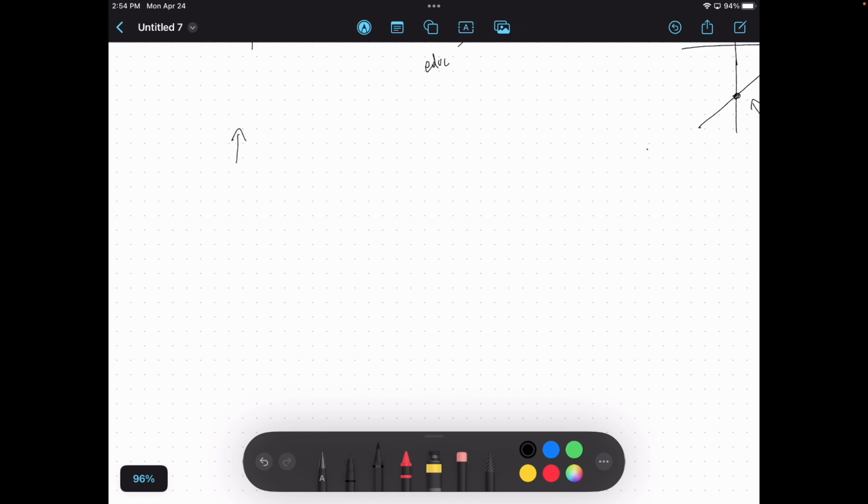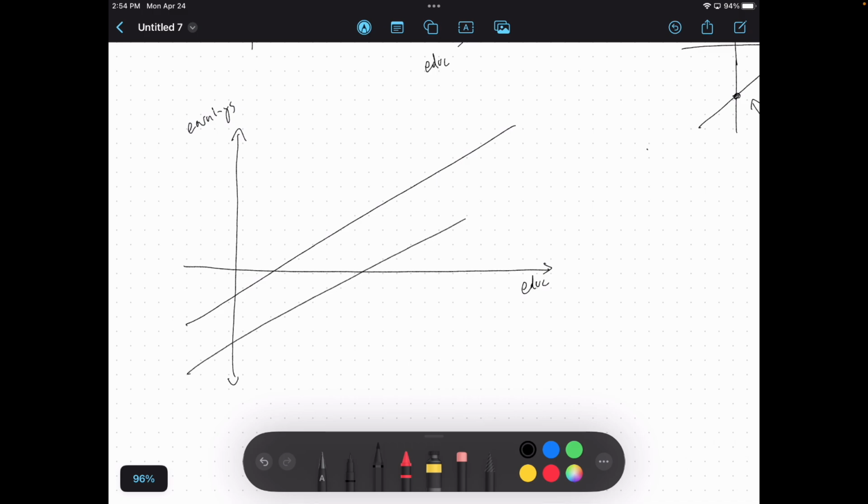And now for the third one, what is happening is this. Let me put this one a little higher. So we've got education, we've got earnings, and actually what we have is two lines, like this. These should be parallel lines, one for male, one for female.